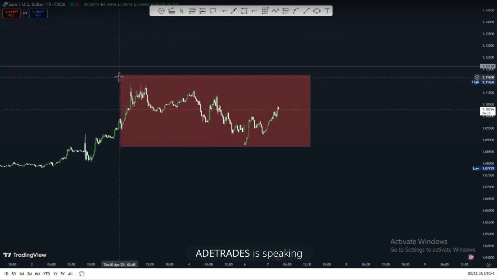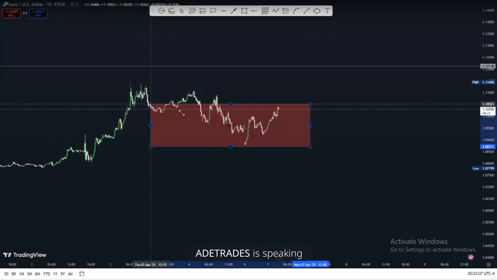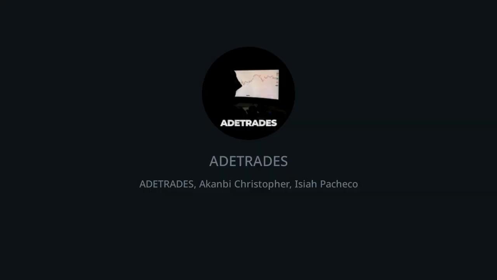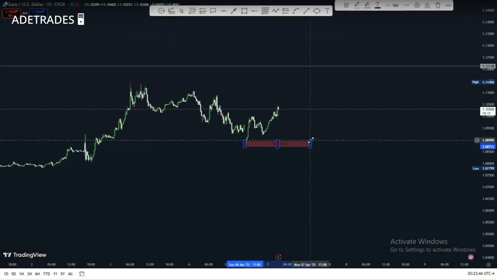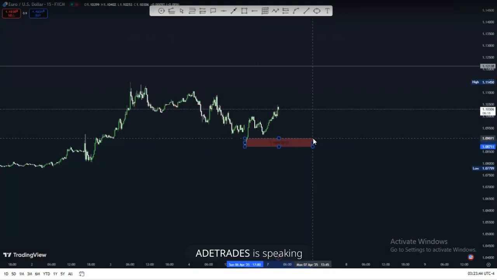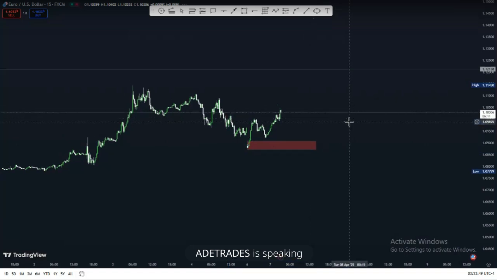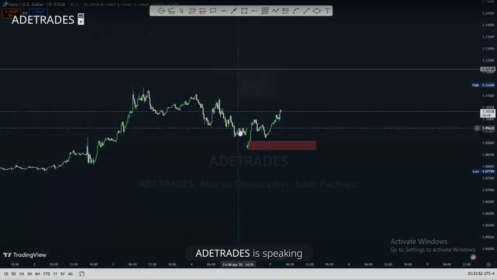So you can basically buy Euro USD from here. We have first breakouts, then a pullback up to 50%.